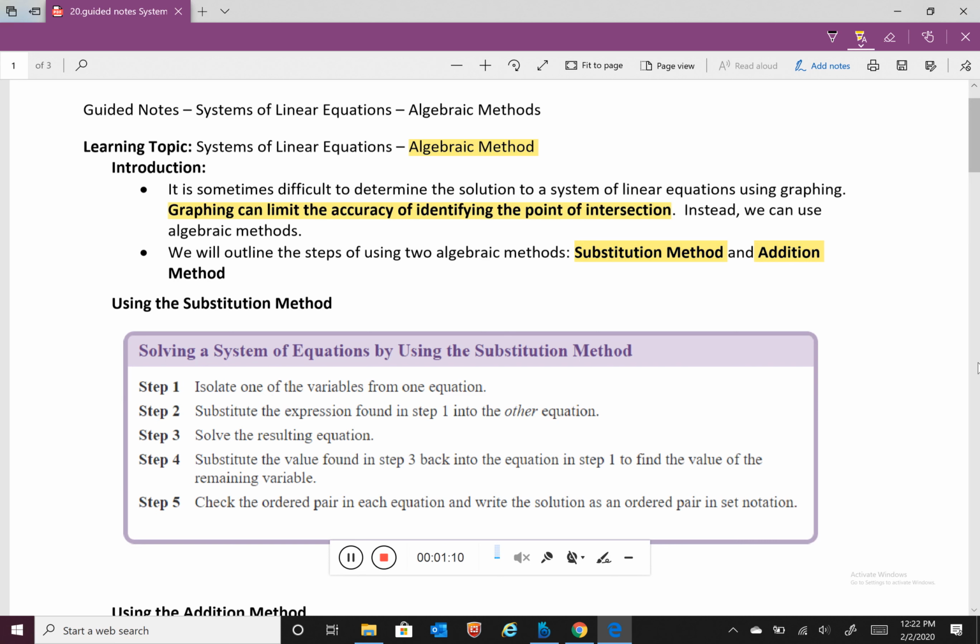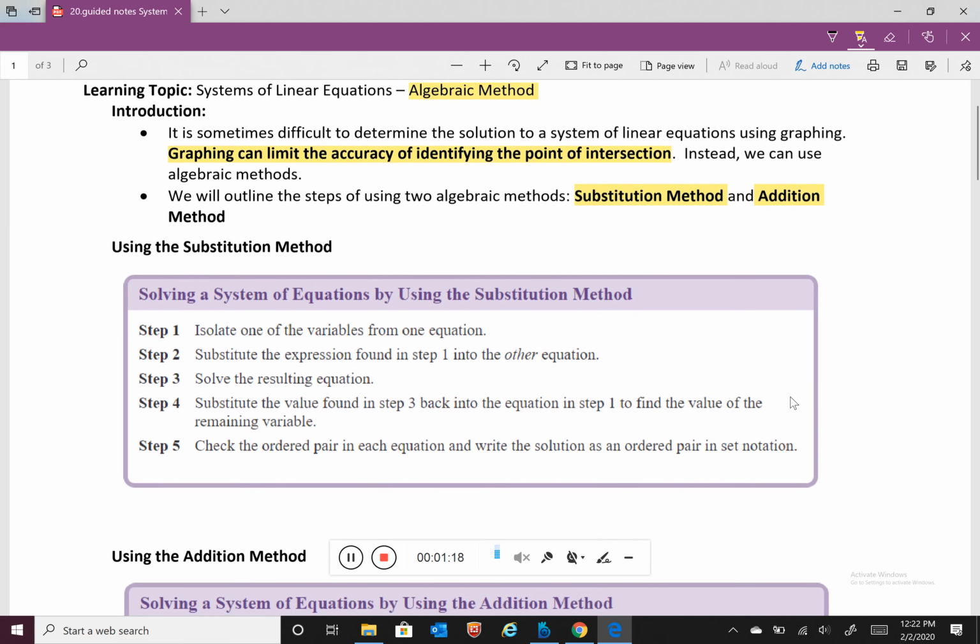So, steps for solving a system of equations by using the substitution method. The first thing that we're going to do is isolate one of the variables. Now, it's not always going to be that you want to solve for y. We've gotten in that habit because of graphing, but maybe it's easier to solve for x. So keep your mind open.